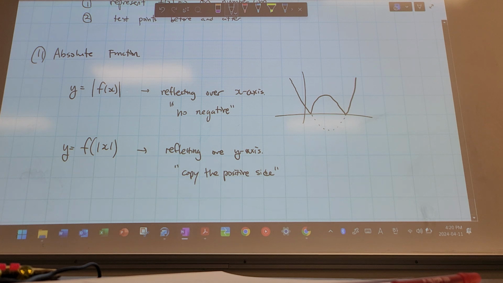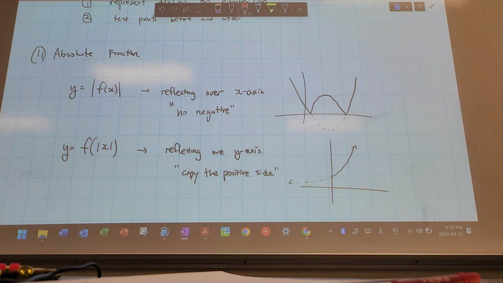Let's say I have a function that's supposed to look like this. If I take the absolute value of x, it's just going to copy the positive side onto the other side, so I'm going to reflect it over the y-axis.